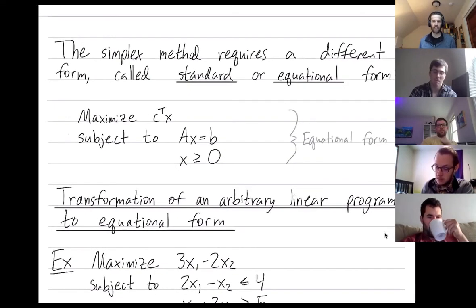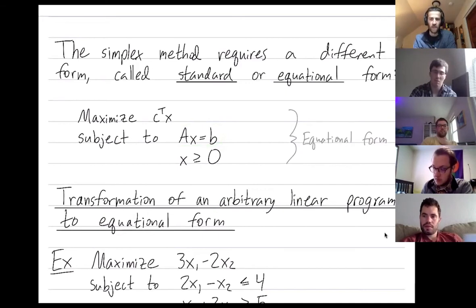So it's written right here. You're trying to maximize c transpose x subject to Ax equals b, and all of our variables are non-negative. It's almost like the majority of the constraints have been changed to equalities.